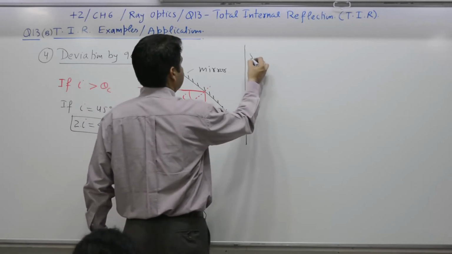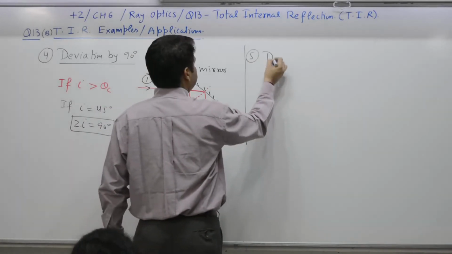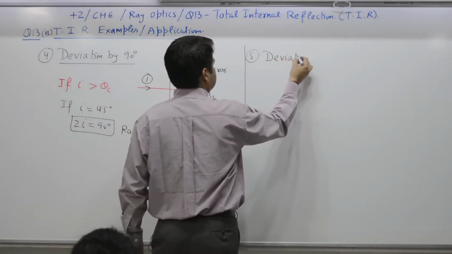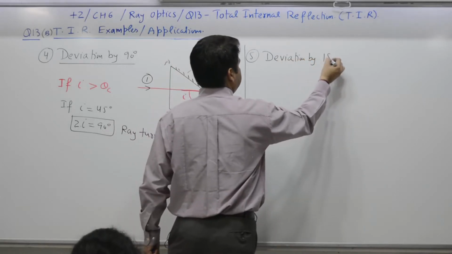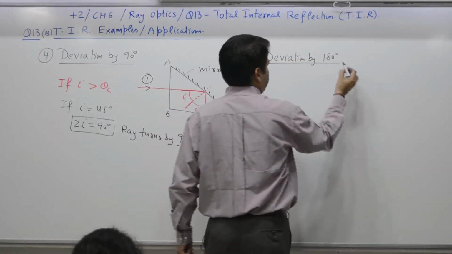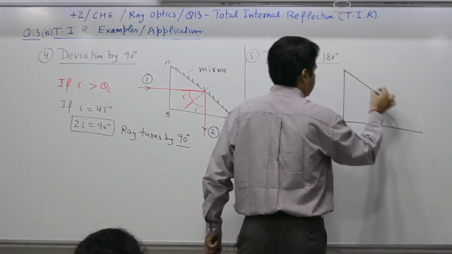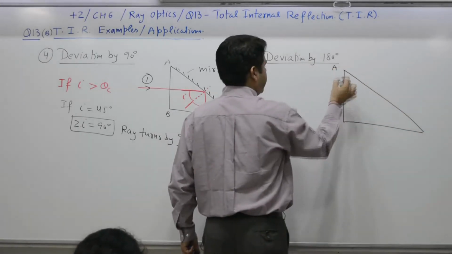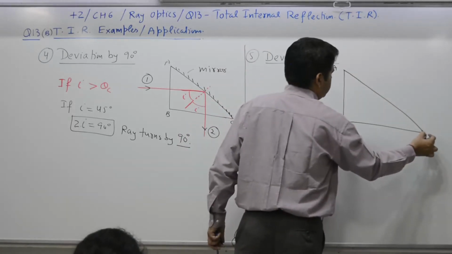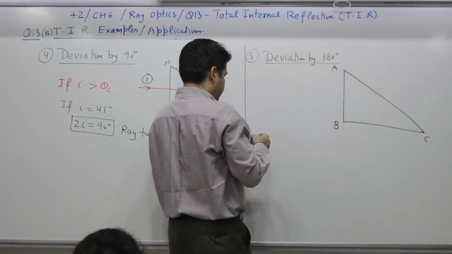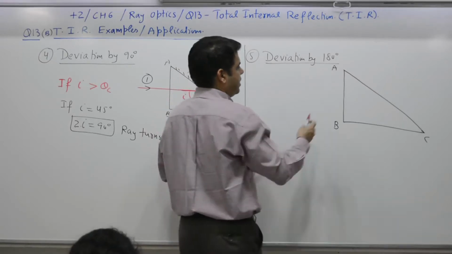Almost the same application, deviation by 180 degrees. Again a prism ABC. Suppose these angles are 45 degrees. A ray number 1.